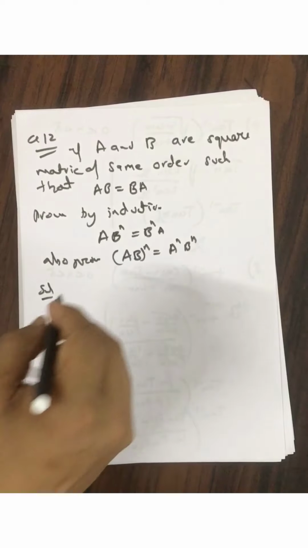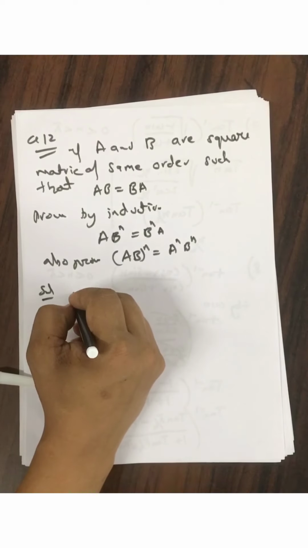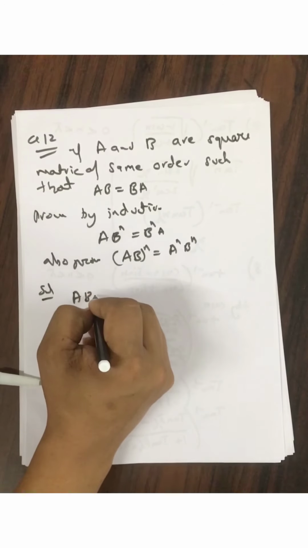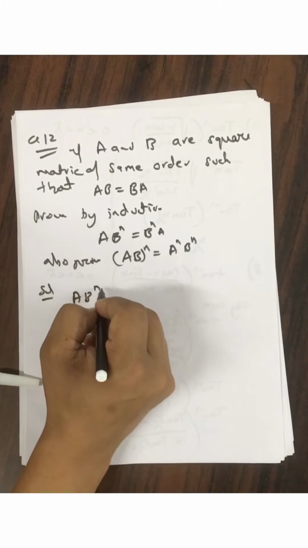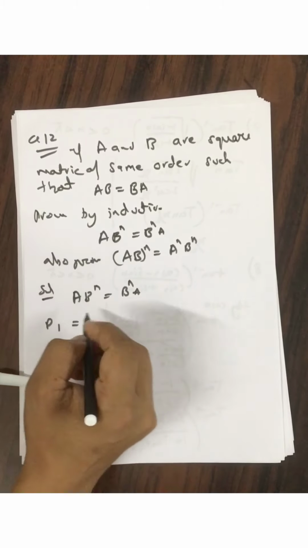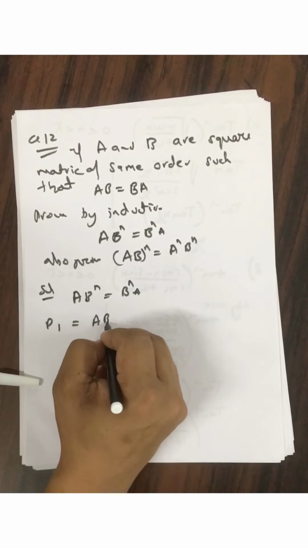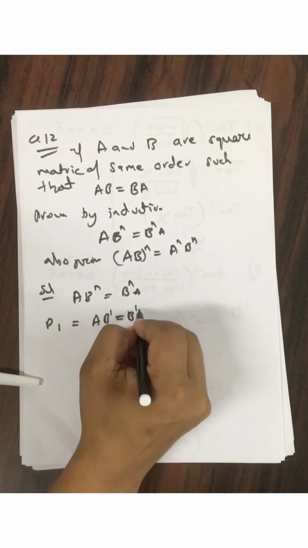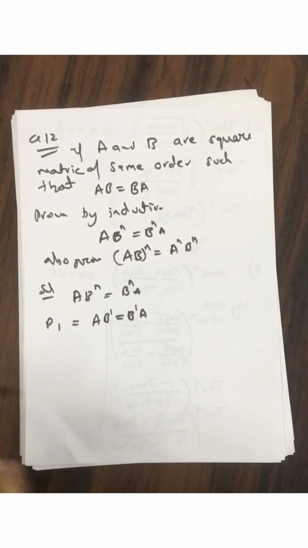Now induction comes into act. Same. So (AB) to the power n equals to B to the power n A. So if we find P1 is how much? (AB) to the power 1 equals to B to the power 1 into A. Got it?